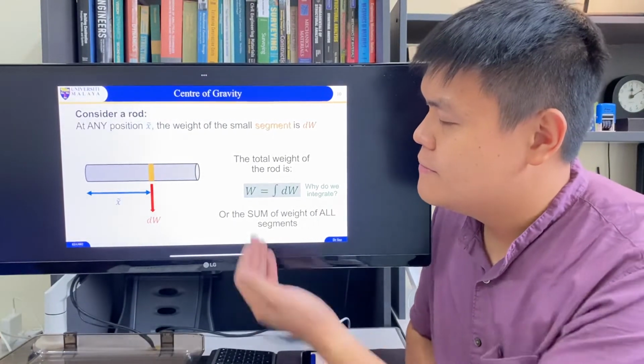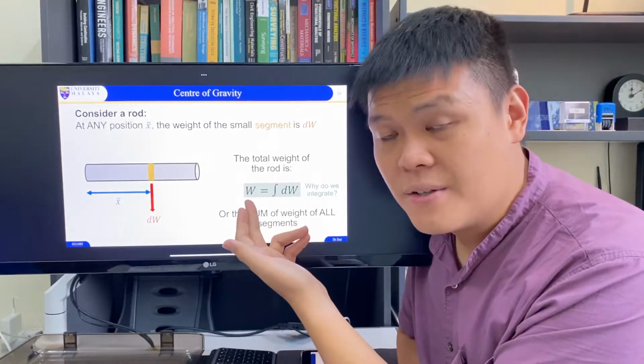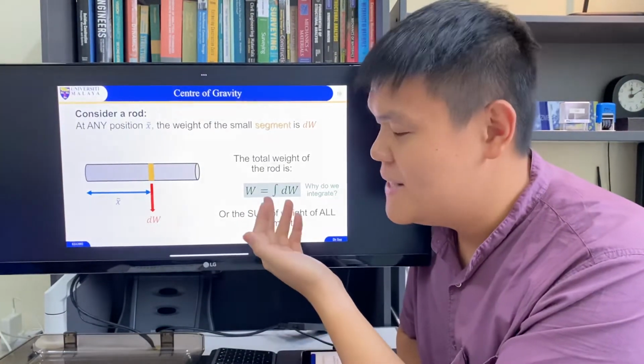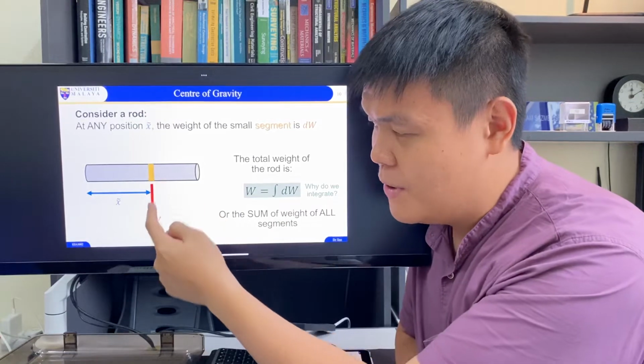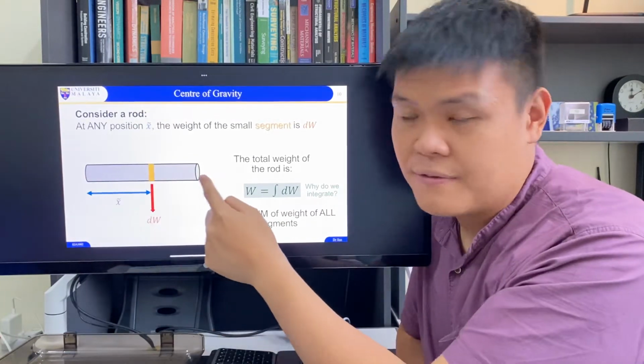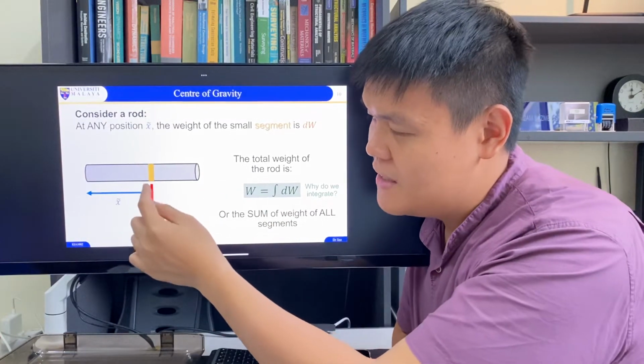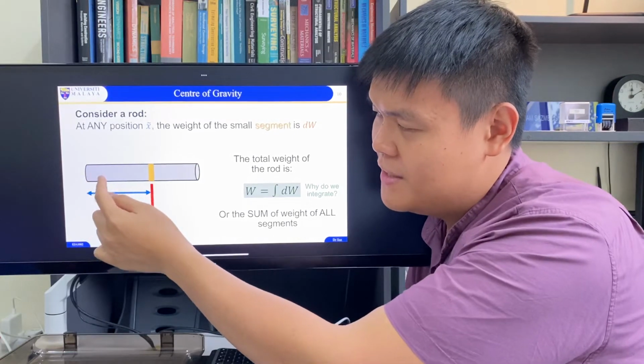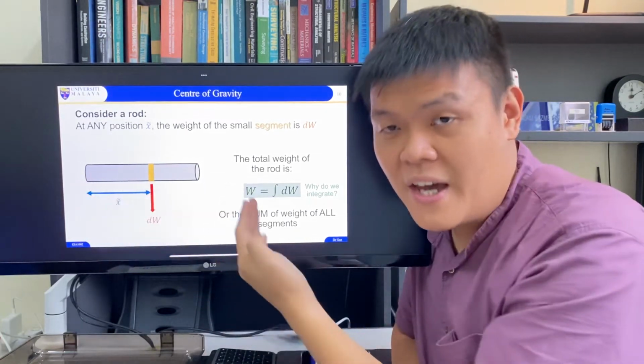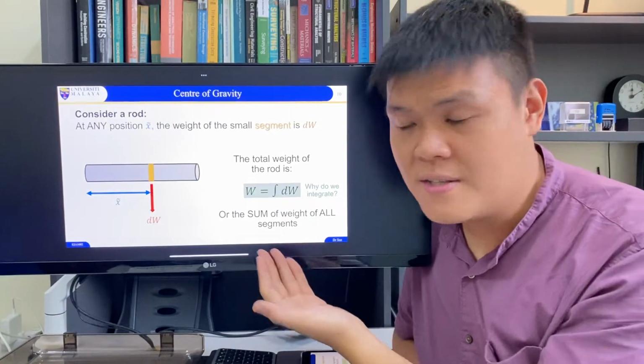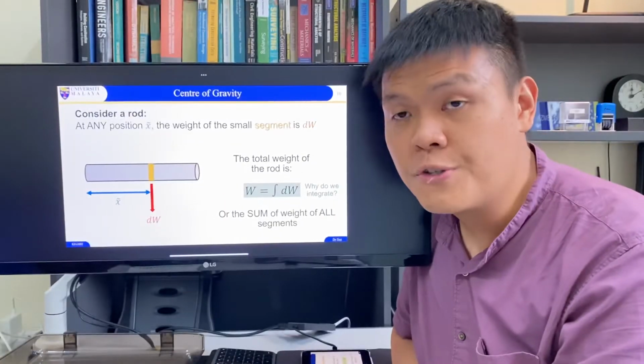Now, to find the weight of the whole bar, we simply integrate this small weight over the whole length of the bar. That means we take small pieces from here all the way to the end and add them all up, and that's what integration does, and that gives us the total weight of the bar.